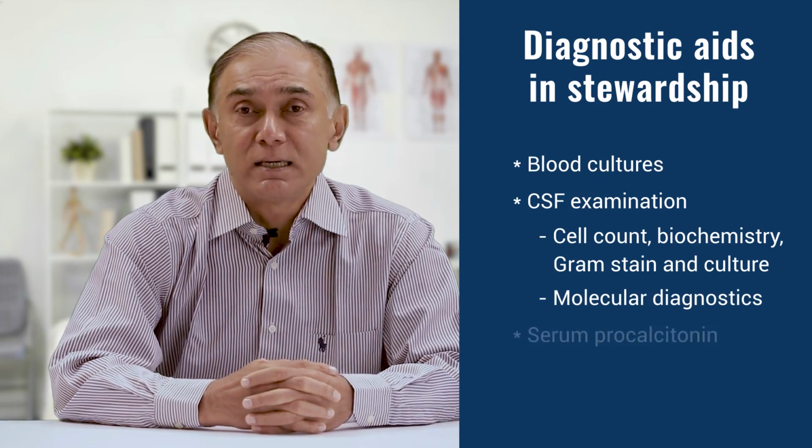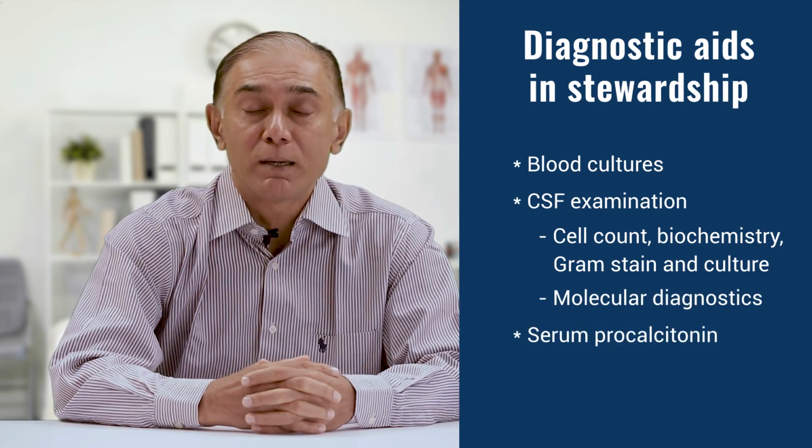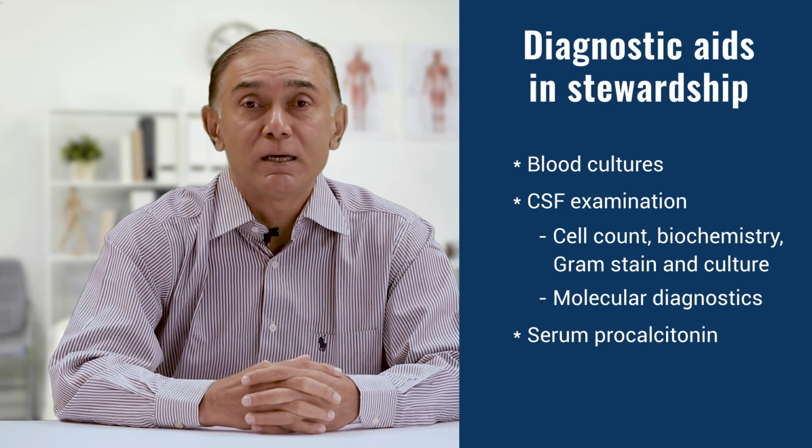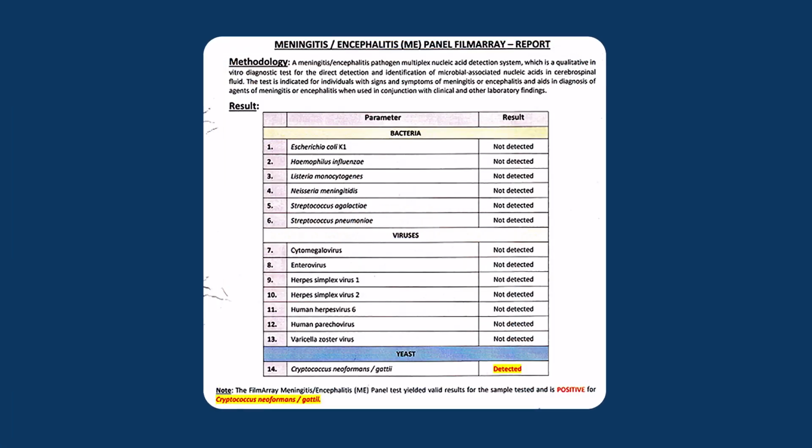Other tests, such as a serum procalcitonin and a peripheral white blood cell count, are always done in the workup of any septic patient, and meningoencephalitis is no exception. These may sometimes guide you towards a bacterial or a viral etiology. Now, an automated multiplex PCR system is often used for the diagnosis of meningoencephalitis syndromes.